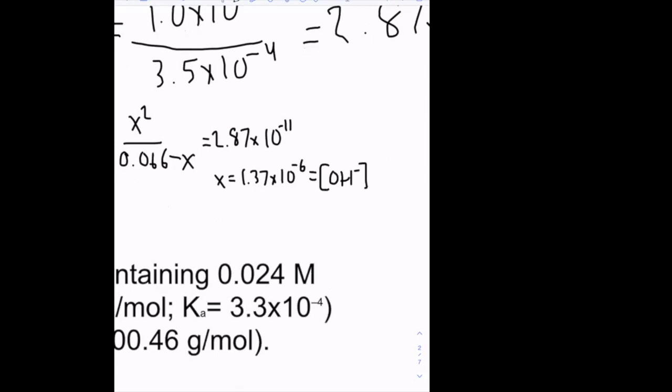So if we take the negative log, we get that the pOH equals 5.86. And so if you find the pH then, pH will just equal 14 minus that. And that equals 8 point, basically 14, with 2 sig figs.